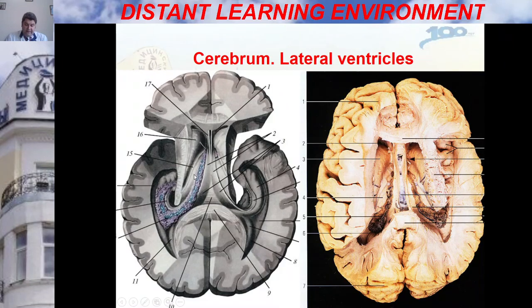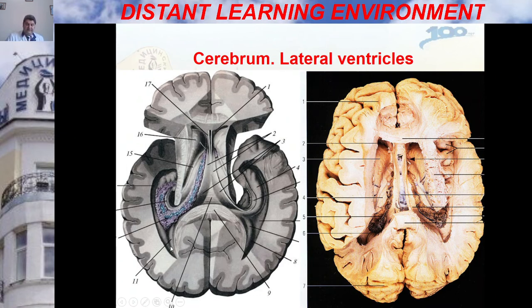At the level of the posterior margin of the corpus callosum it turns downward and passes forward in the temporal lobe as the inferior horn. So the distending part of the ventricle gives out a projection to the back into the occipital lobe. This is the posterior horn.